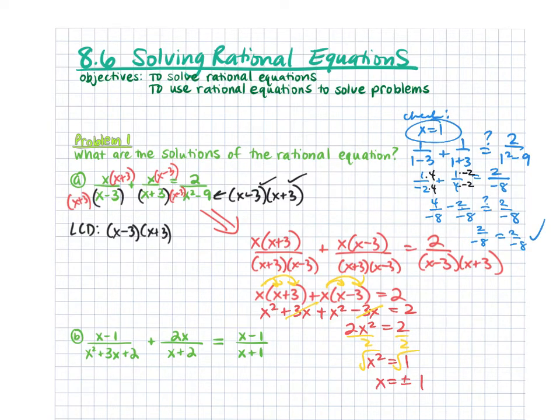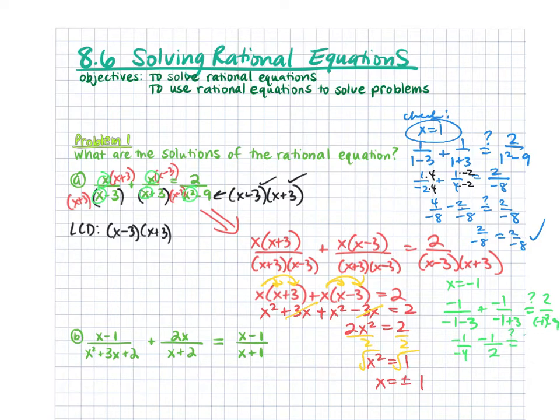And now let's try x equals negative 1. Does negative 1 over negative 1 minus 3, so I'm just plugging it in for x, check that this works. Negative 1 over negative 1 squared minus 9. So this is negative 1 over negative 4 minus 1 over 2.